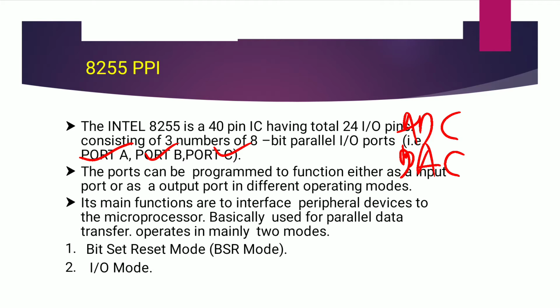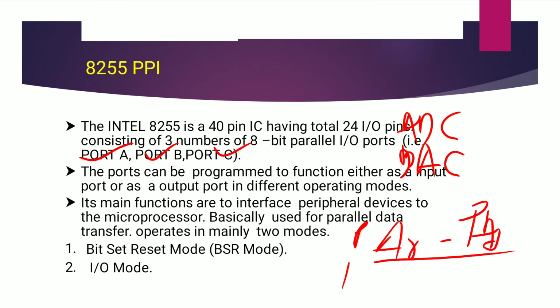Port A is identified as PA0 to PA7, that is 8-bit data, and port B is identified as PB0 to PB7, and port C is divided into two parts, 4-bit upper and 4-bit lower.